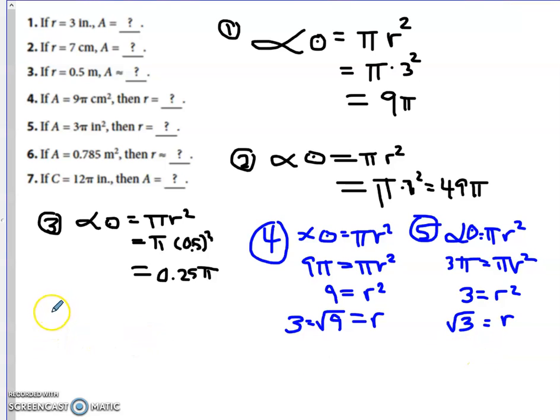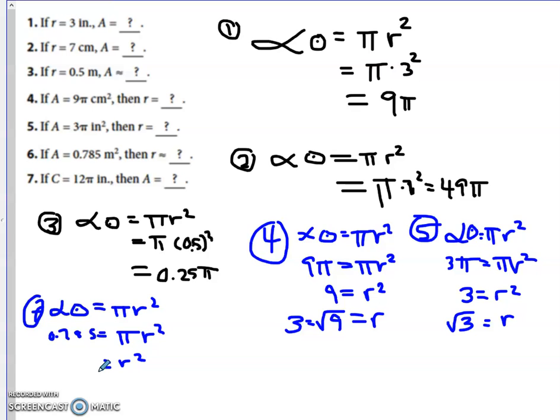In problem number 6, the area is 0.785. So using your calculator, you're going to take 0.785 and divide it by pi.